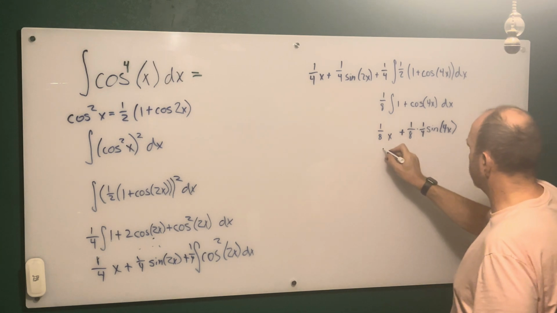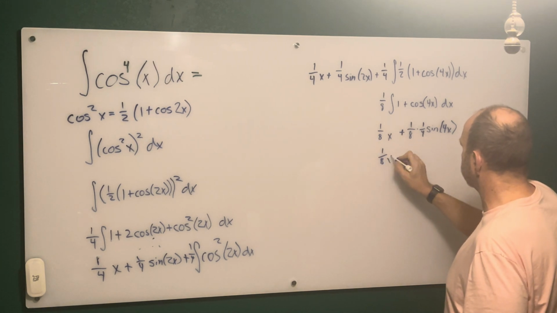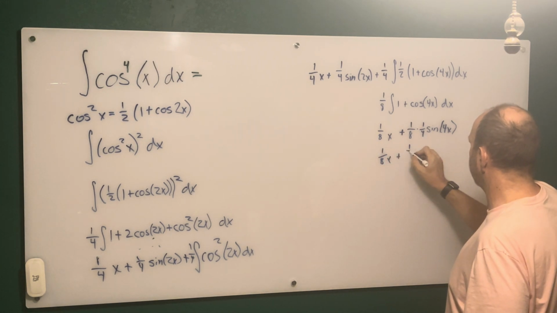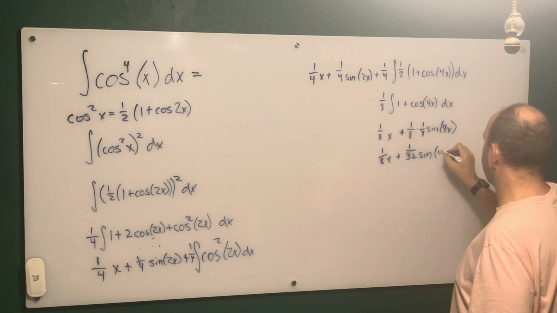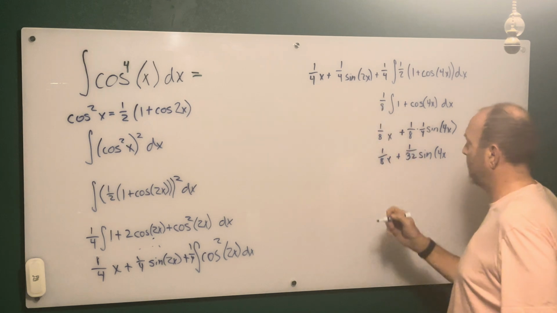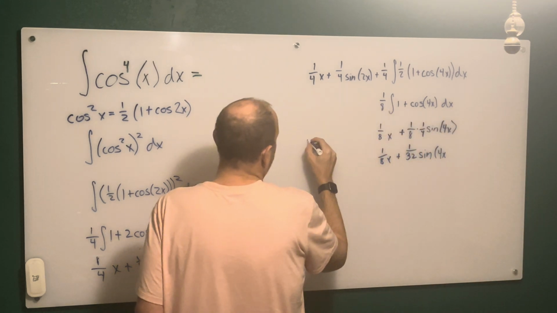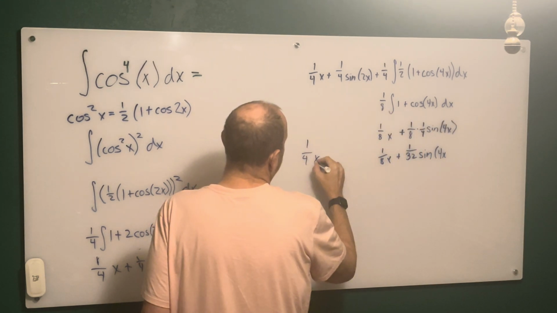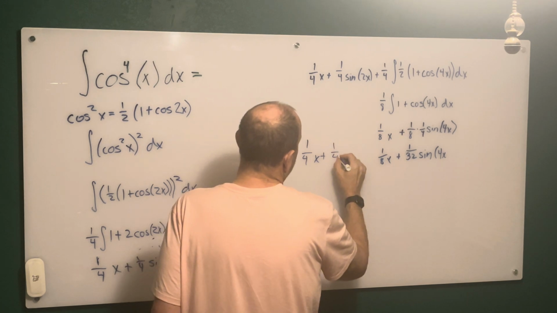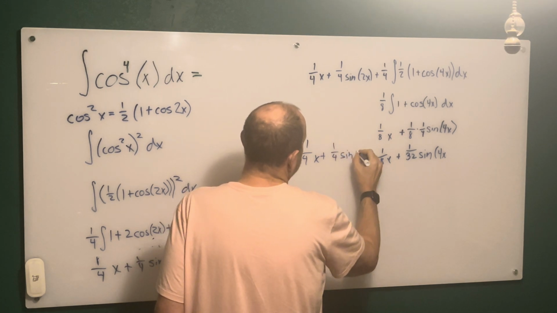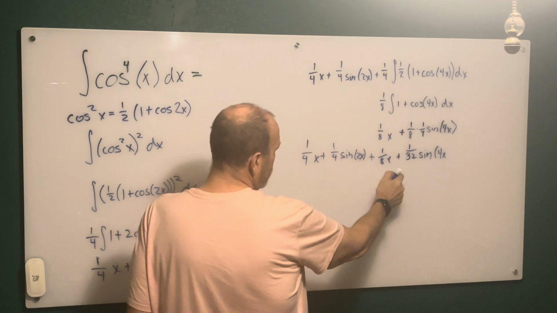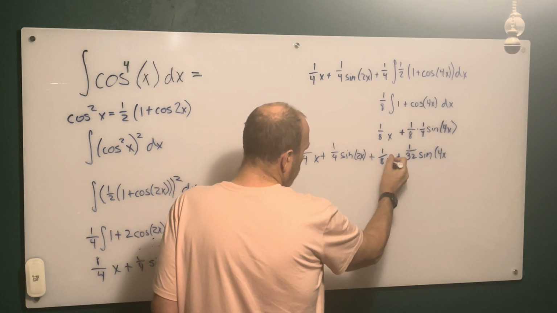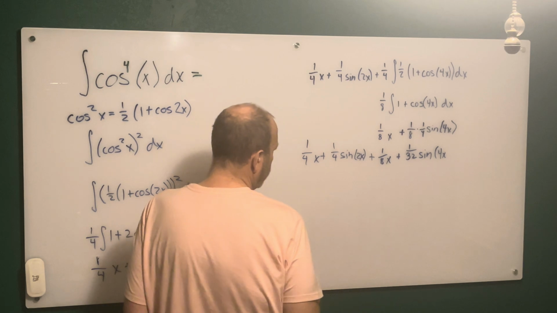So what I end up with is 1/8 x plus 1/32 sine 4x, bring down this other stuff, 1/4 x plus 1/4 sine 2x. And I can combine like terms, I just have to combine the fractions.